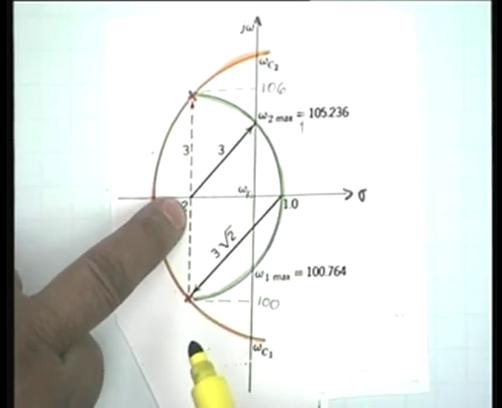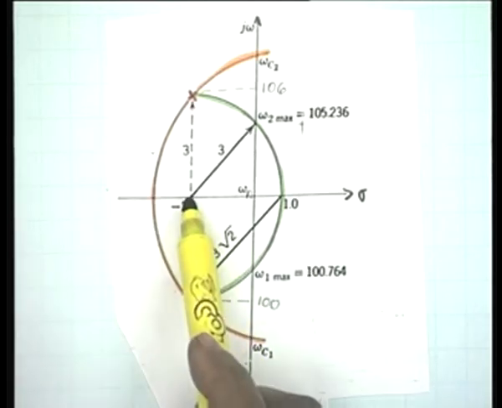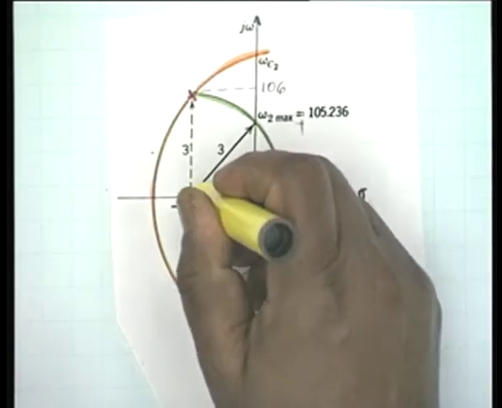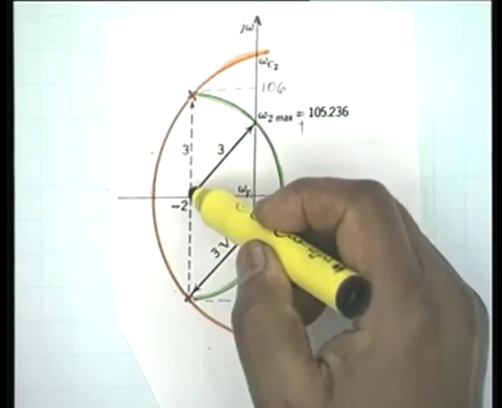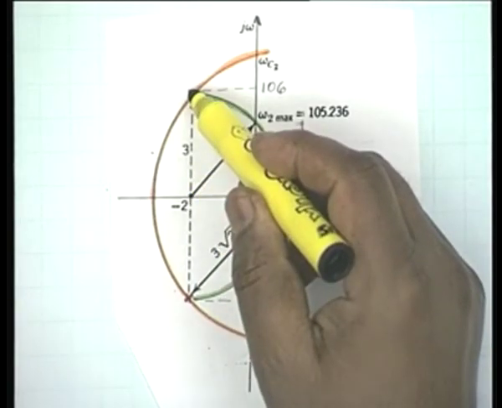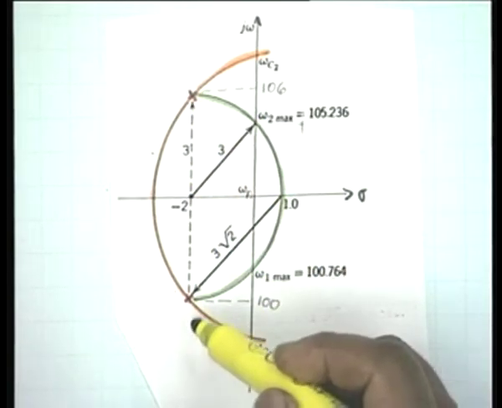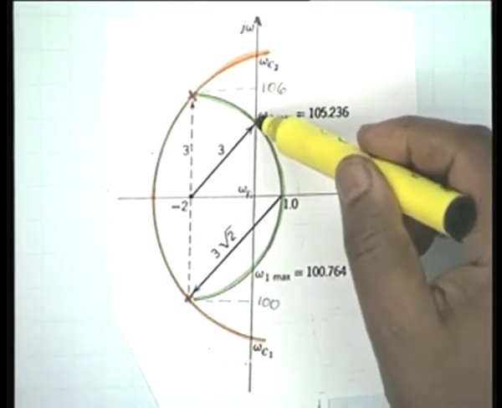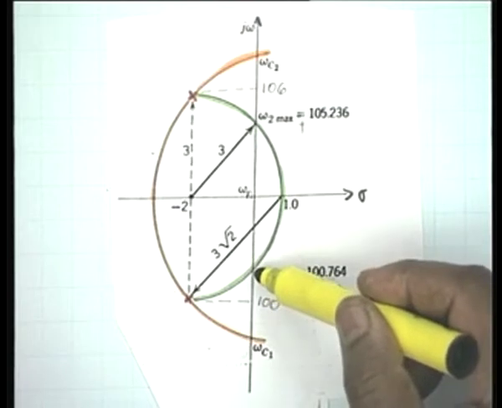This point is minus 2, and the peaking circle is drawn with this point as the center, and the distance from this point to the pole as the radius. So, this is the green circle which cuts the j omega axis at 2 points, omega 2m and omega 1m.